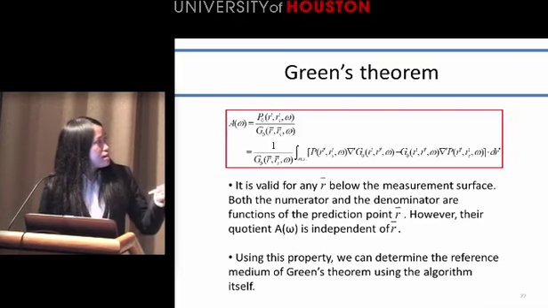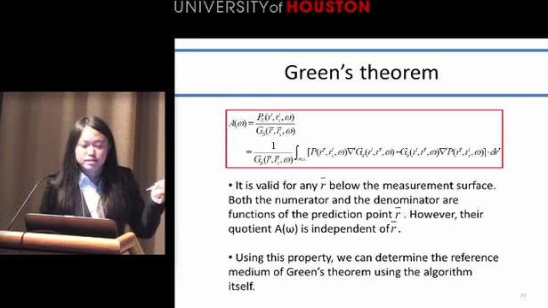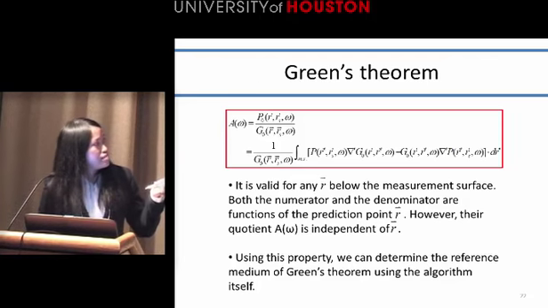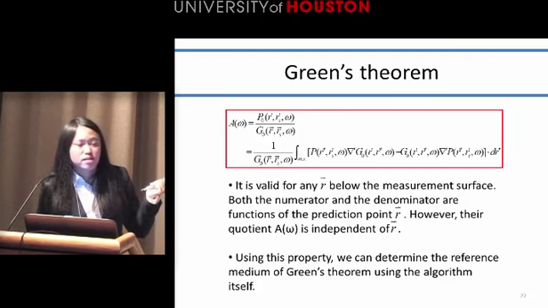Again, this is the formula for Green theorem wavelet estimation. And the wavelet A omega, as you can see, can be calculated by this integral divided by the Green function. Both the numerator and the denominator of this equation are functions of the prediction point R. But their quotient, A omega, is independent of R.